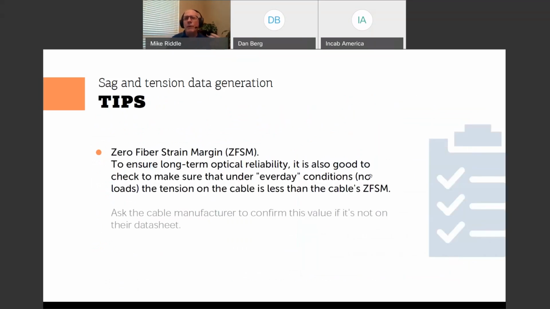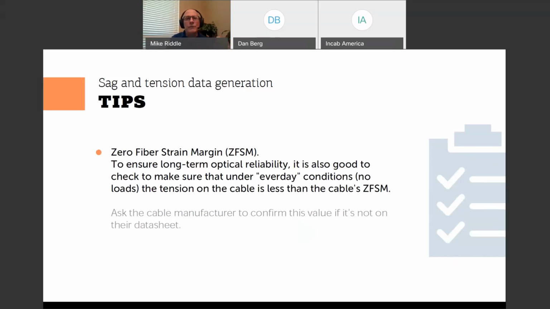And in that real world, this is not usually a problem. So you can get away with not really checking it and worrying about it too much. The reason is that everyday tension is typically around 15% rated breaking strength, maybe plus or minus 5 or so.